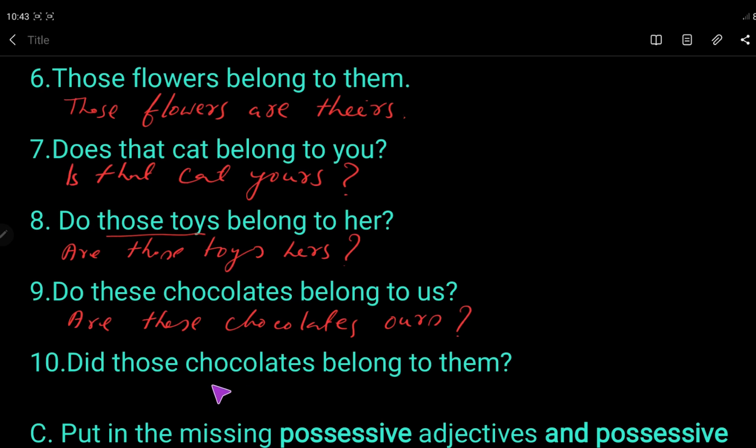We know in past tense we can use were, not was. So were will come first. Were those chocolates theirs? So answer is, were those chocolates theirs?